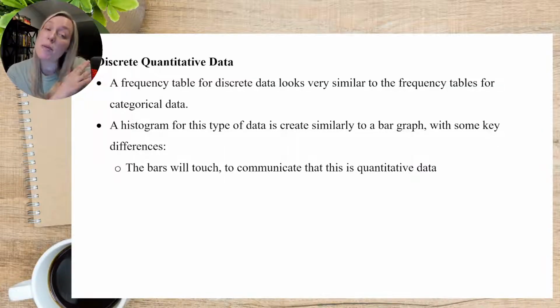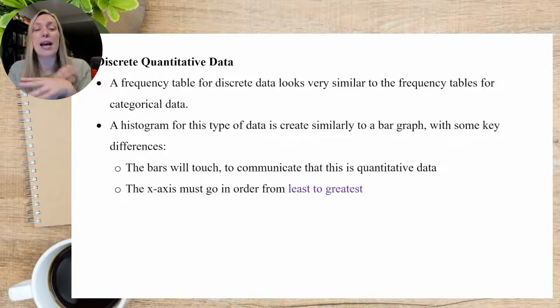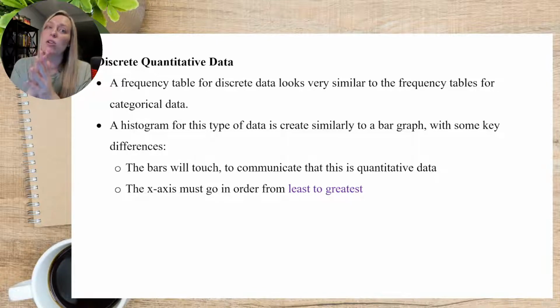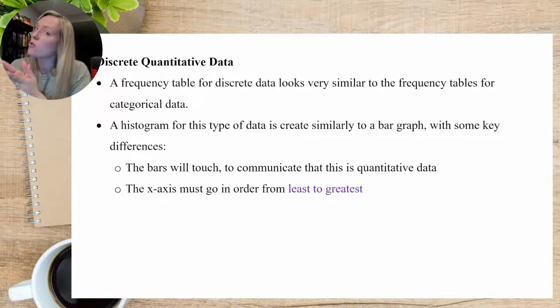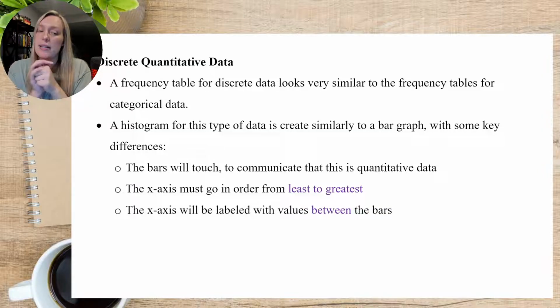In a histogram, the bars touch to both communicate that this is quantitative data and the fact that there's a relationship between the numbers, right? That it goes from lowest number to highest number. The x-axis must go in order from least to greatest, whereas with bar graphs and categorical data, we said that it could be rearranged on its own. It does have to go in order from least to greatest on the x-axis here.